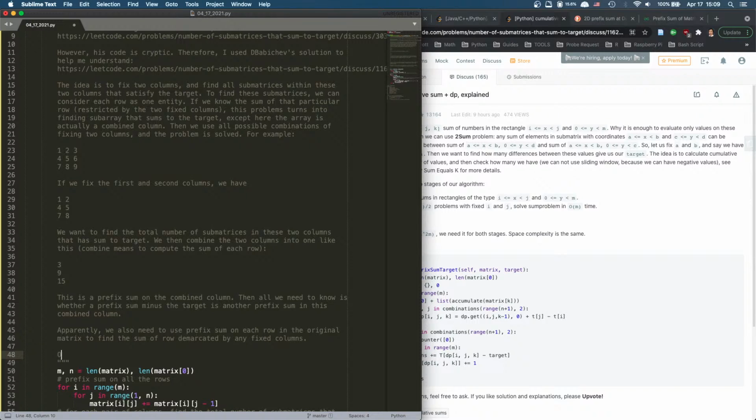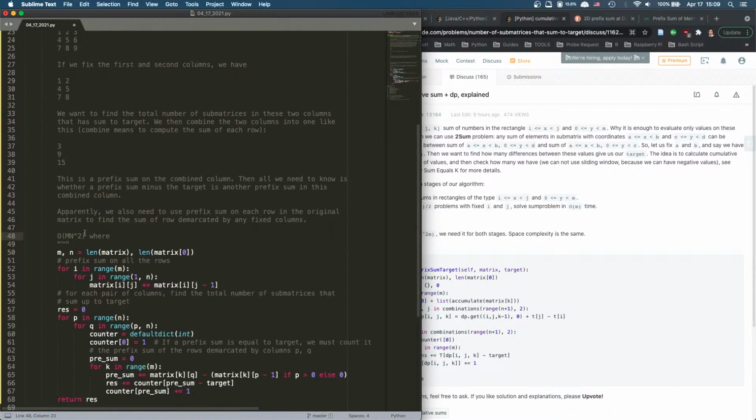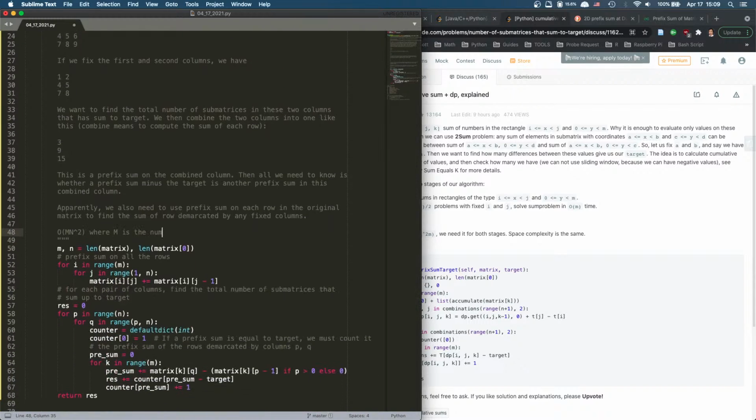All right, this is O(m n squared), where m is the number of rows and n columns.